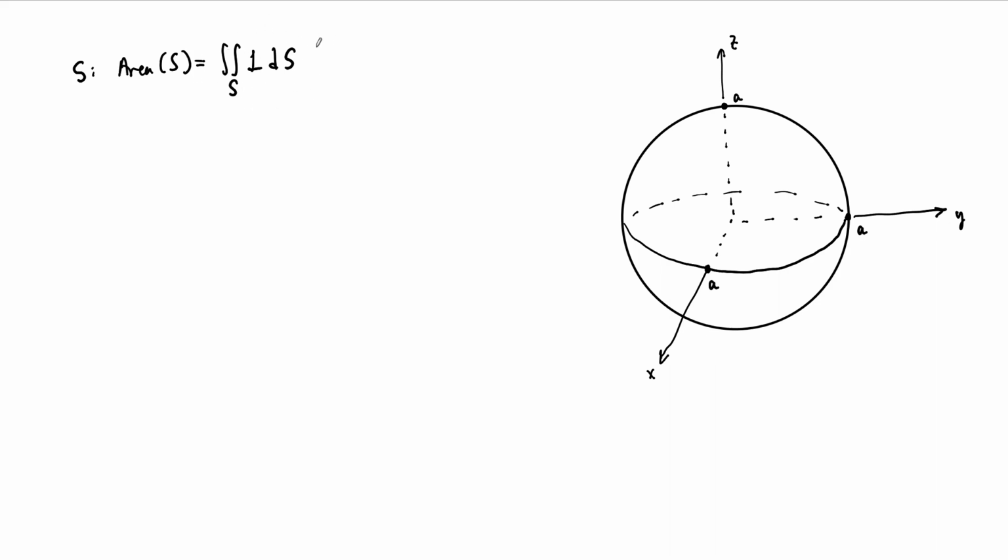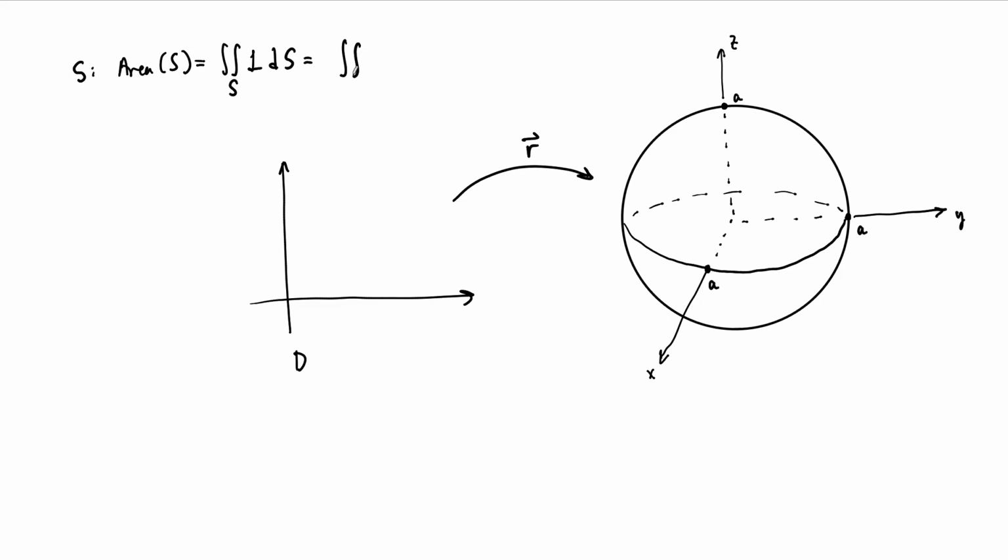But to compute this, how do we do it? Well, what we have to do is define a parametrization, some kind of vector function r, which takes a two-dimensional domain and maps it to the surface, and it has to do so in such a way that it covers the surface exactly once. In doing so, we're going to have to define some domain D in the parameter domain.